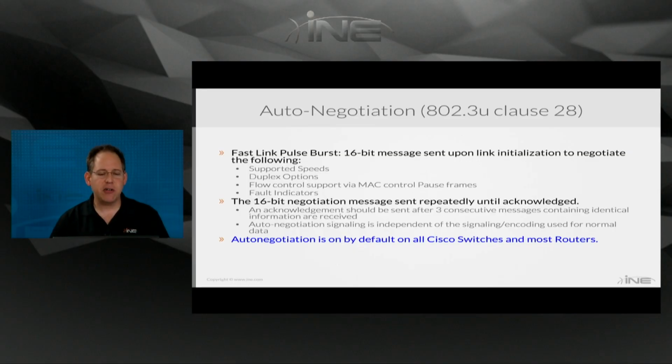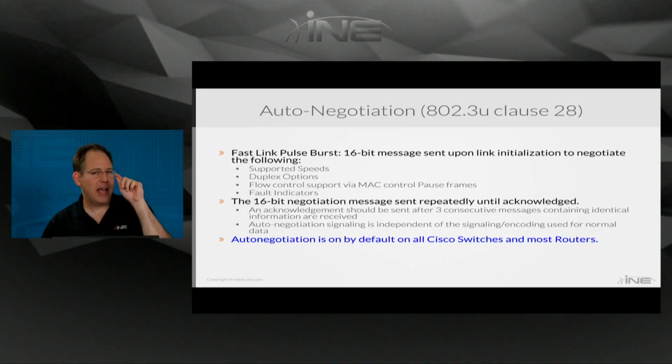And then the 802.3u work group, they said, you know what? Why don't we make use of this existing thing called a fast link pulse burst and actually give it meaning above and beyond a simple heartbeat? Let's turn this thing into what's called an auto negotiation message.